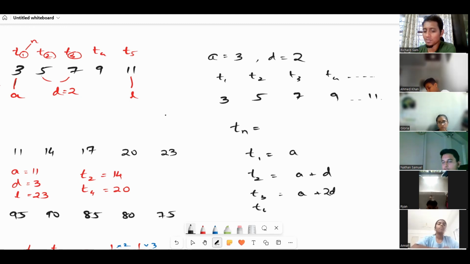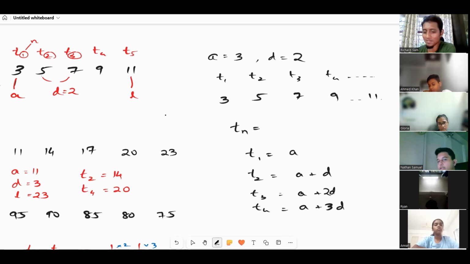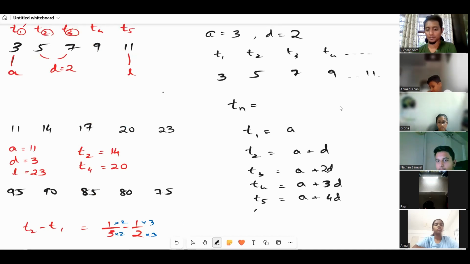How do we get the fourth term then? A plus 3d. Are you figuring out a pattern? You see? So how do you get the fifth term? A plus 4d. So in the same way, if you want to get the 10th term, T10 will be what? A plus 9d.